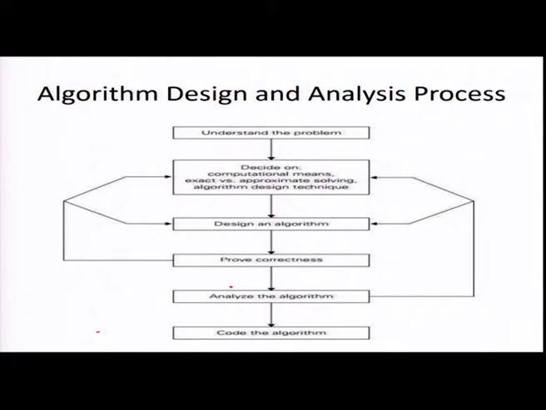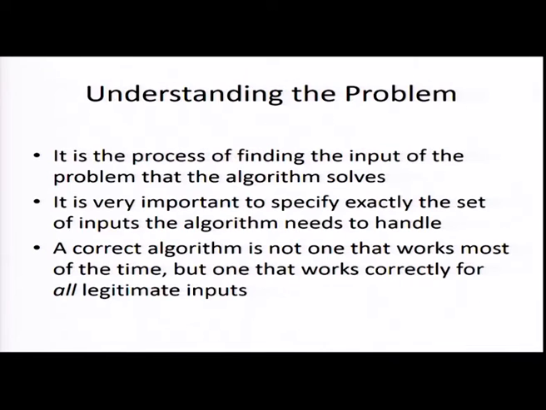Now let us find out what is to be understood in the problem. How am I going to understand the problem? Understanding the problem is the process of finding the input of the problem that the algorithm solves. It is very important to specify exactly the set of inputs the algorithm needs to handle.